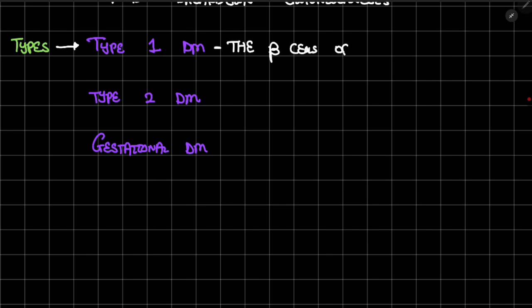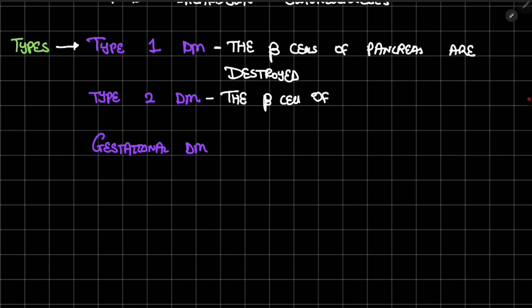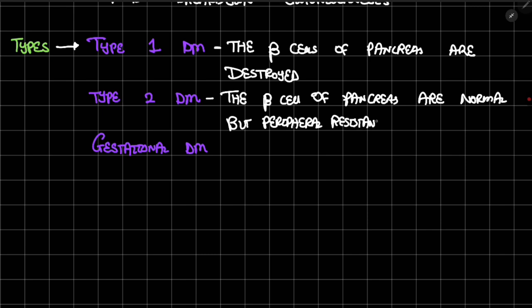beta cells of pancreas are destroyed. Type 2 diabetes mellitus is characterized by the beta cells of pancreas being normal, but there is peripheral resistance to insulin.